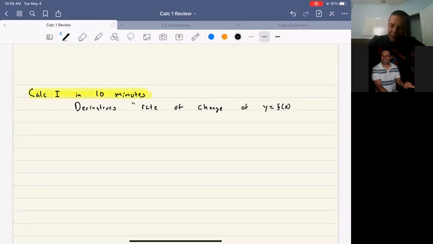We don't work with more dimensions until Calc 3. So the rate of change of y equals f of x at a point, let's say x. And all we're doing is taking the slope of the tangent line, or actually the limit of the slope of secant lines.